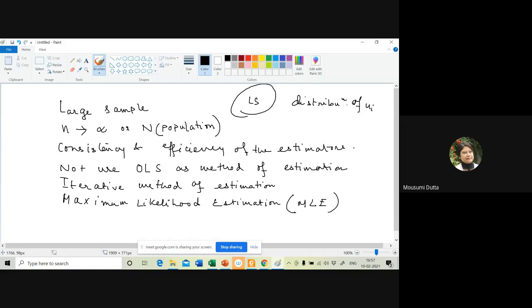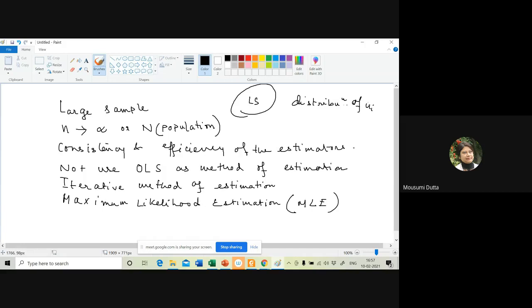The information on the distribution of the error term is required only when we move for hypothesis testing, when we are using the finite sample. However, if I need to use the maximum likelihood estimation technique from the very beginning, we need to know the distribution of the error term. Without the knowledge of the distribution of the error term, we will not be able to frame our likelihood function.